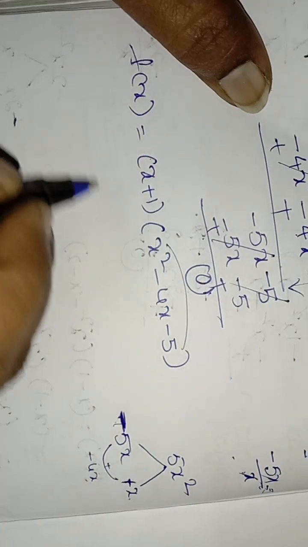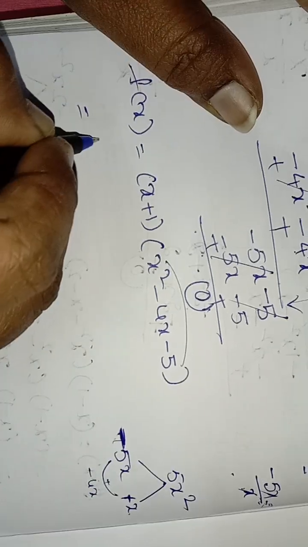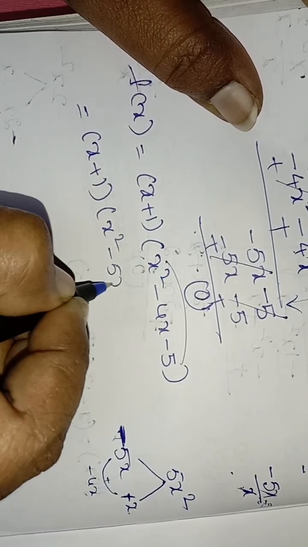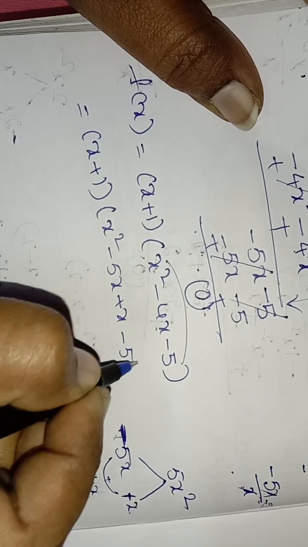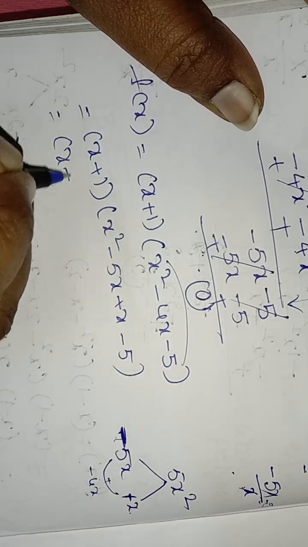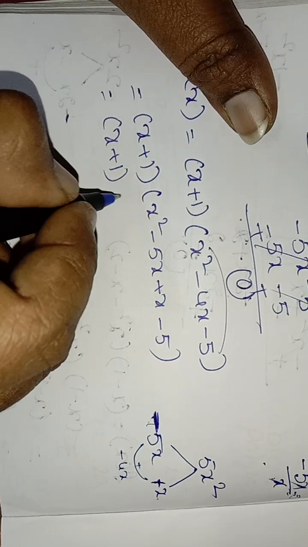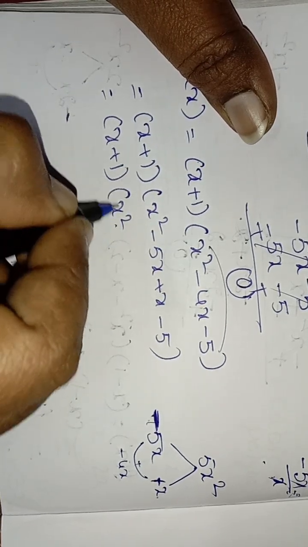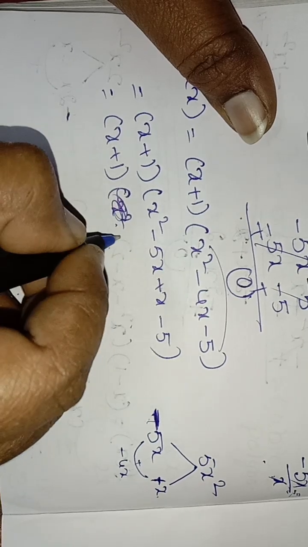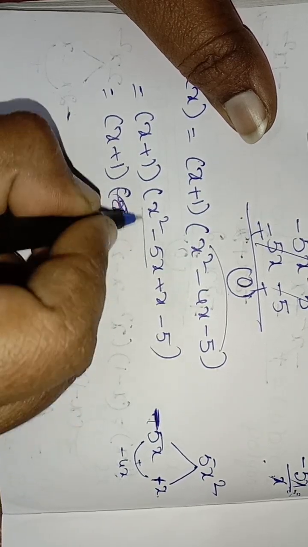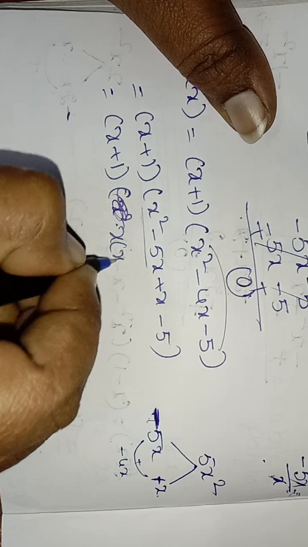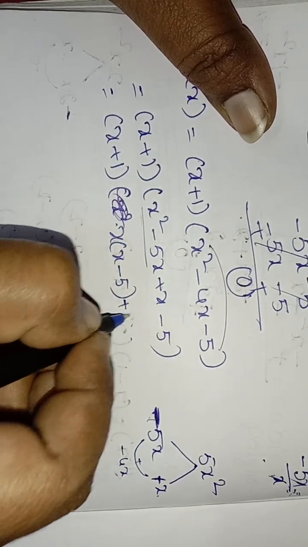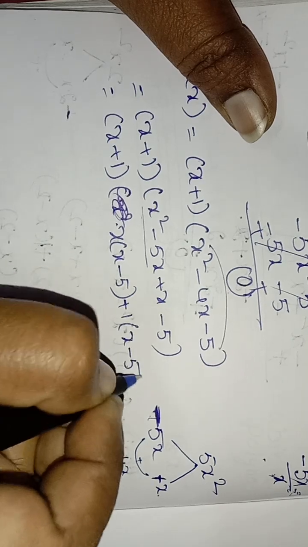Okay, right. Now we can write this as x square minus 5x plus x minus 5, right? x plus 1, x square minus, means we have to find the common terms. Take from these two terms, I am taking common as x only. x minus 5, here 1 only, plus 1, x minus 5.